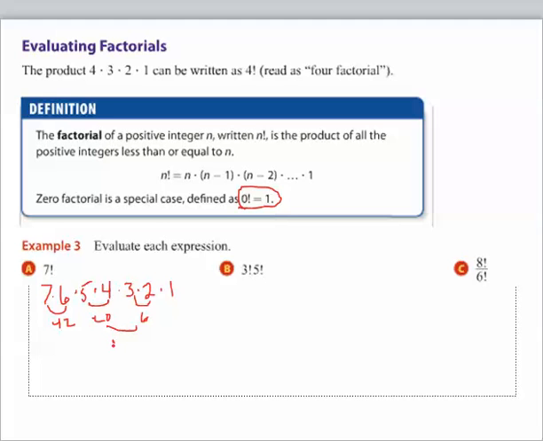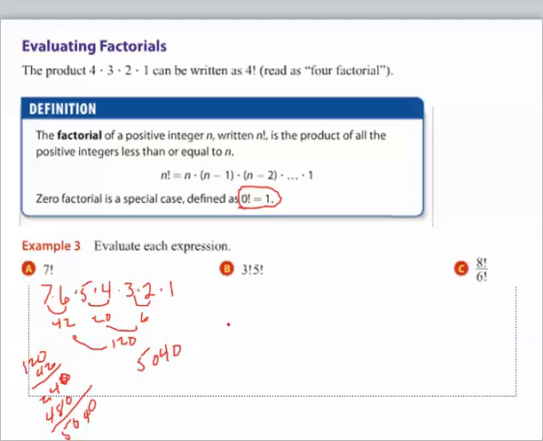That's 120 times 42. Okay, so I take 120 times 42, and let's see here, 0, 4, 2, and 0, 8, 4. Add those together, you get 5,040.